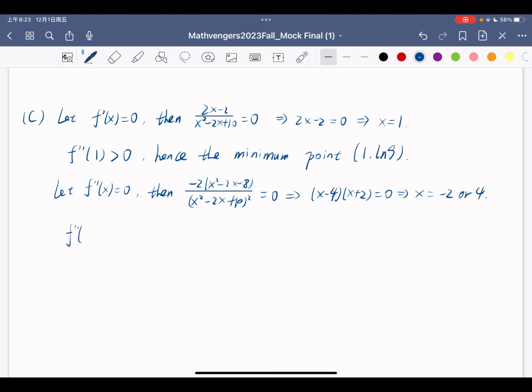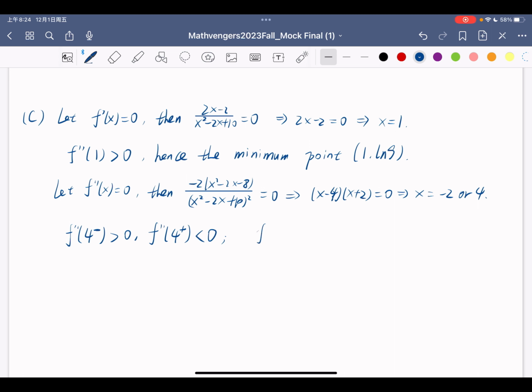If you substitute 4 from the left-hand side, which means 4 negative, try substituting some value like 3.9 that's smaller than 4 into this function, and you can see this is greater than 0, and on the other side this one is smaller than 0.